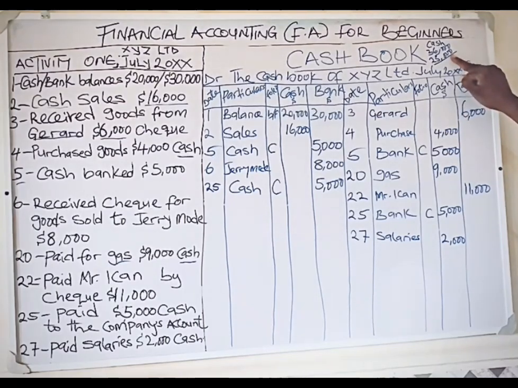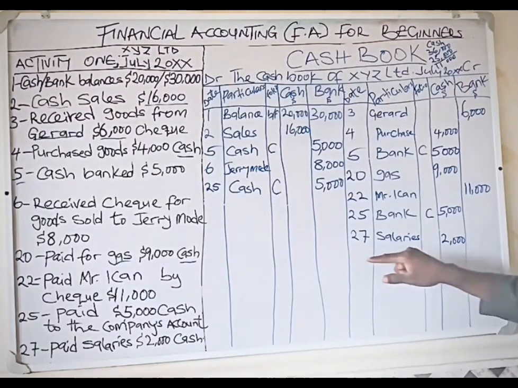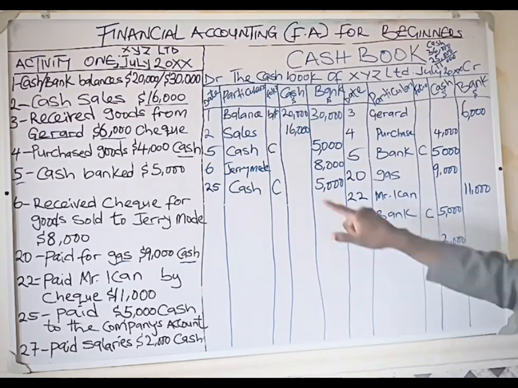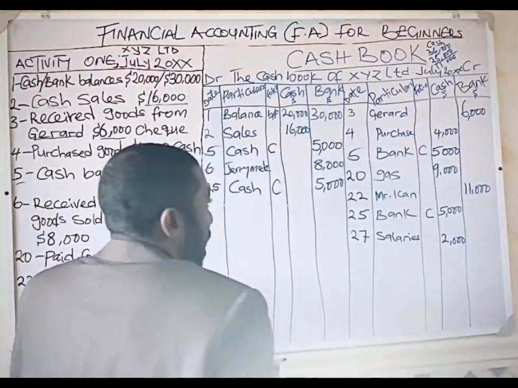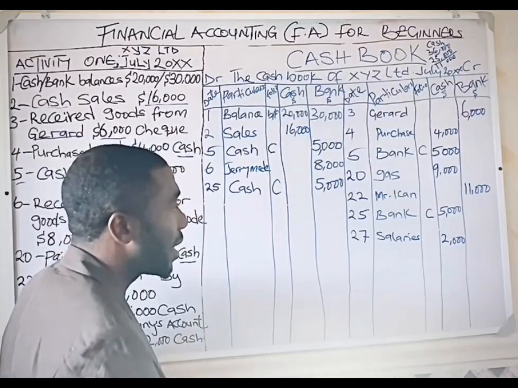So, to get that amount that will make it 36,000, you will minus 25 from 36. 6 minus 5 is 1 and 1. So it is 11,000. We are looking for 11,000 to give us 36,000. And it is called balance carried down.